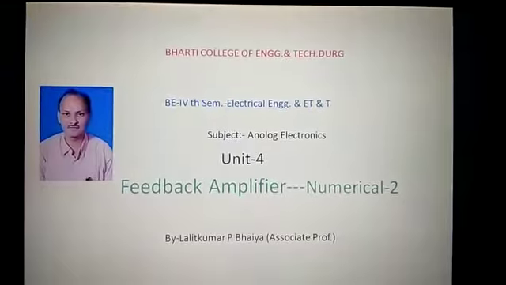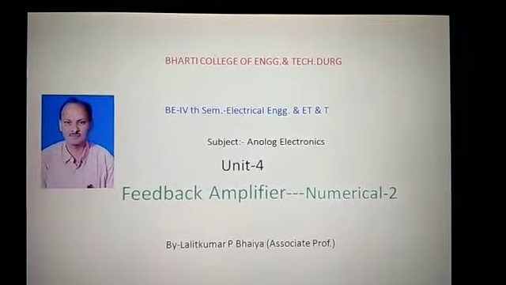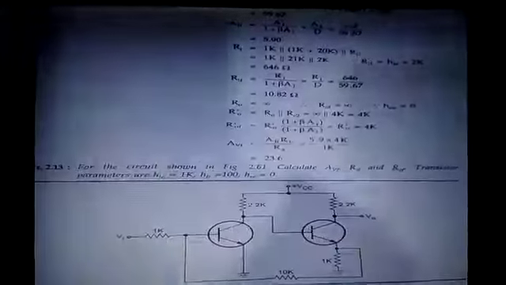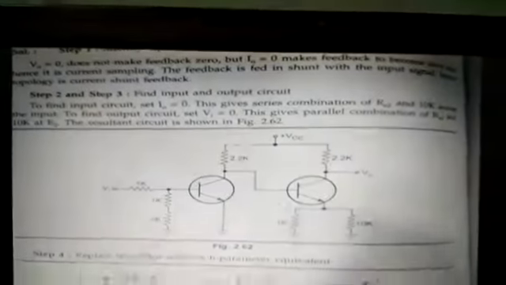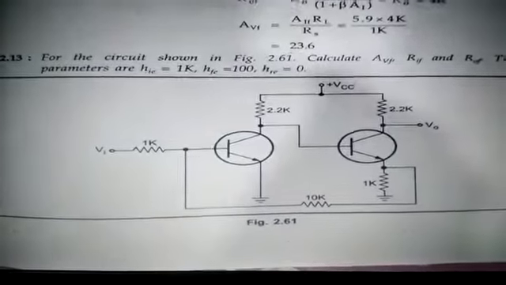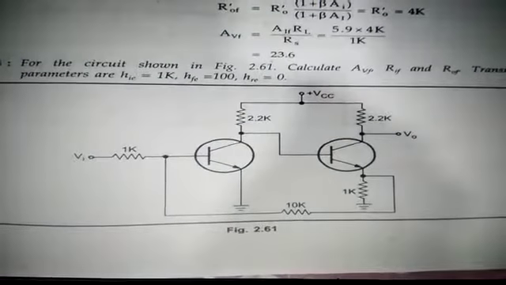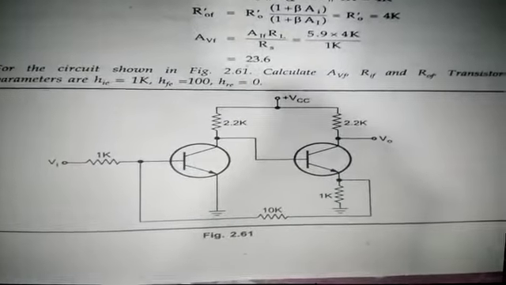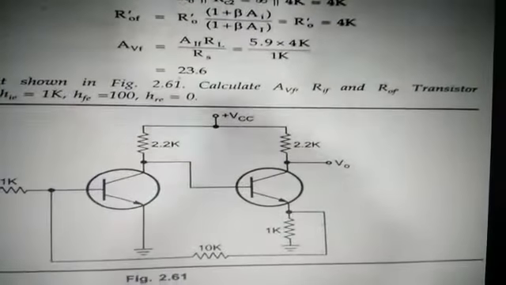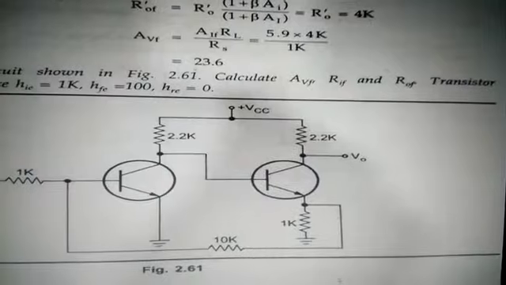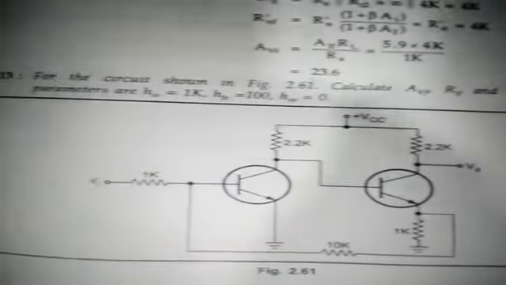Which problem last time we have seen, just look at once and then we will go for the next problem. This problem we have seen in the last video. For the circuit shown in figure, calculate AV, overall voltage gain with feedback, the input impedance with feedback, output impedance with feedback.